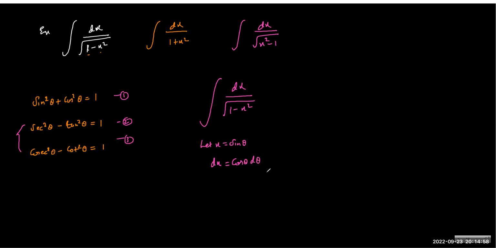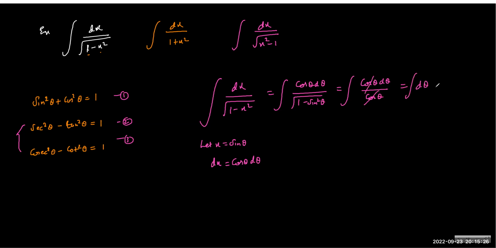Cos theta d theta, right? Now go back to this formula. We can write cos theta d theta upon the root of 1 minus sin square. And what is 1 minus sin square, by the way? Cos square. And what is the root of cos square? Cos. See, such a nice answer.